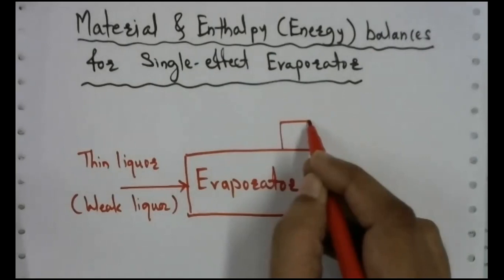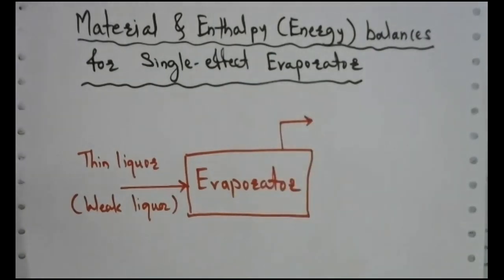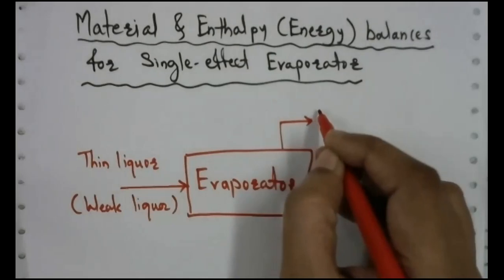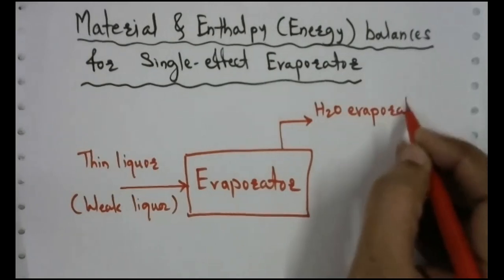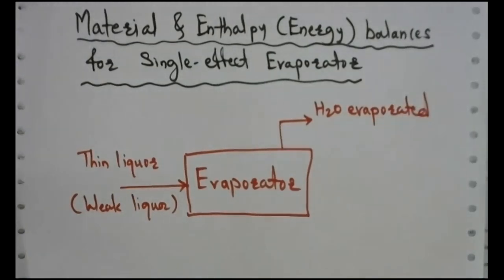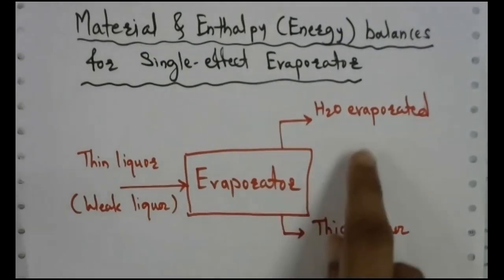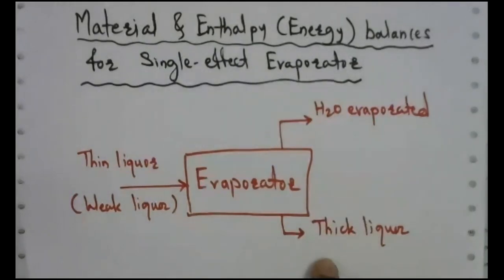Then the output of this single effect evaporator is water evaporated and thick liquor. So this is the main material input and output of a single effect evaporator. Thin liquor is the input, output is water evaporated and thick liquor.